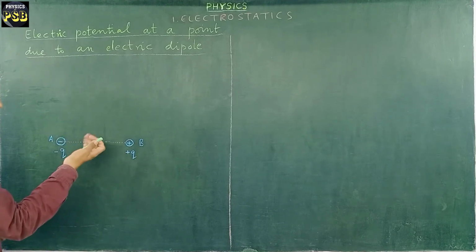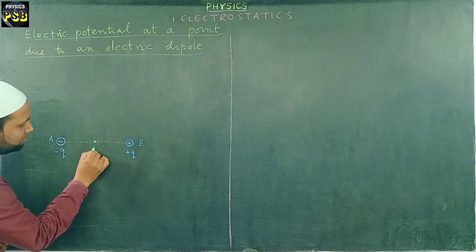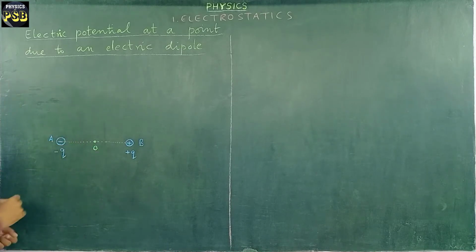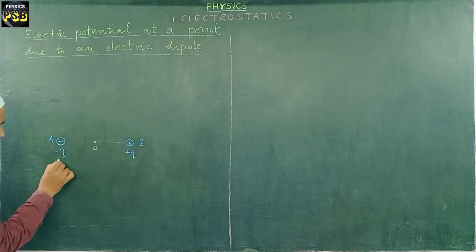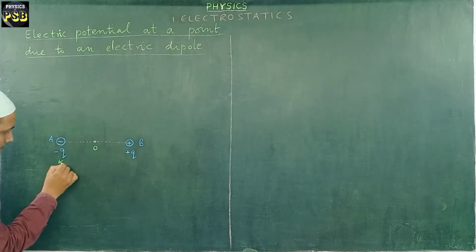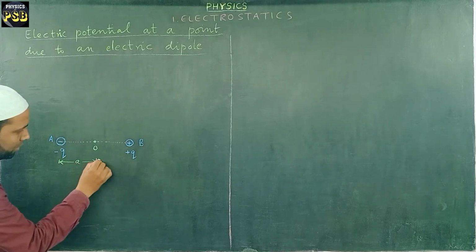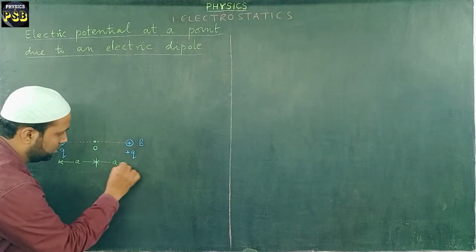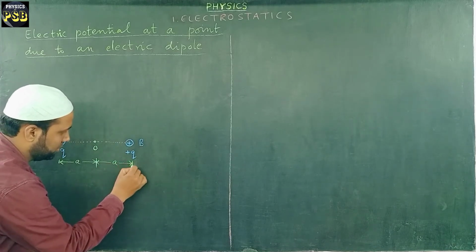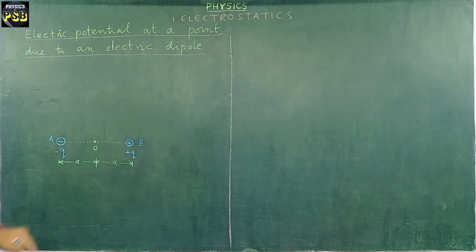This electric dipole has a midpoint labeled O. The distance of O from A is taken as small a. In a similar way, the distance between O and B is again taken as small a. So the total distance between A and B is nothing but 2a.